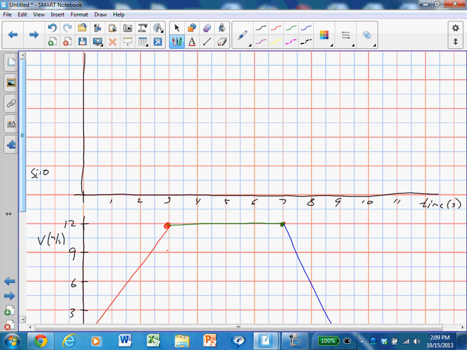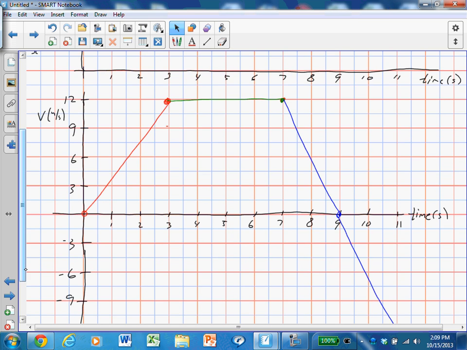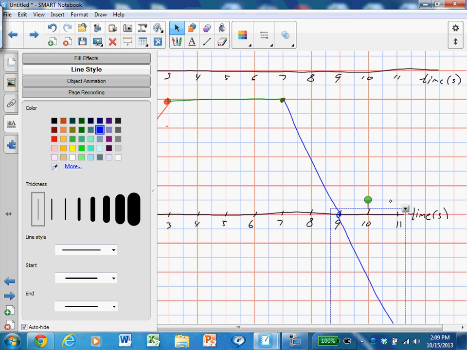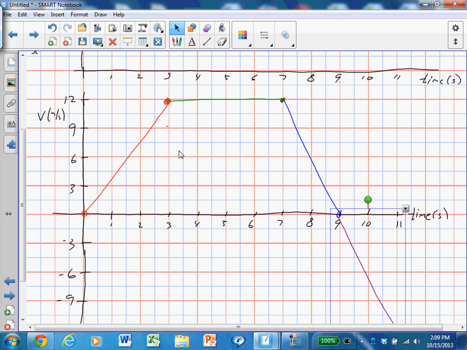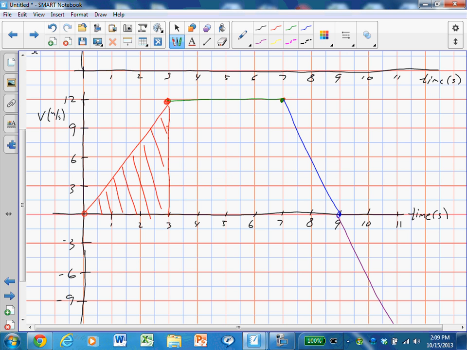So for the first part here in the red zone, well, I should have done, I'm going to change this to purple. Okay? But in the red area, I have this area that I'm going to calculate. Remember, area under the curve, between this and the x-axis, will get me my change in position.